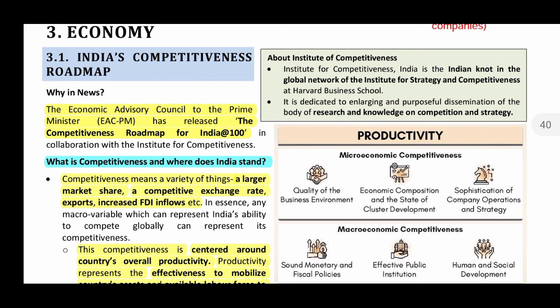So if more foreign companies invest in our country, it will be very good for competitiveness, and there is a need to make suitable conditions like good infrastructure and to reduce logistics costs. Then foreign companies will definitely invest in our country, and if FDI inflows are increased, then there is good competitiveness.